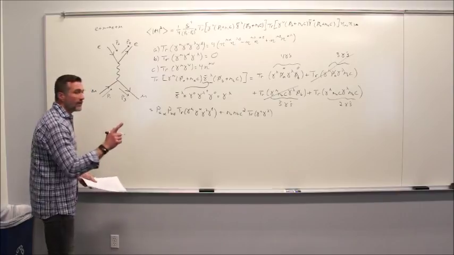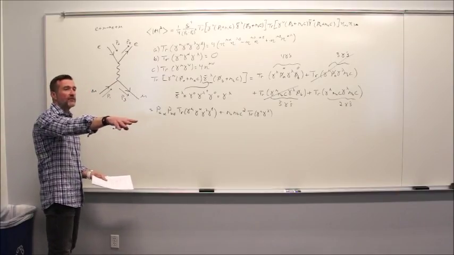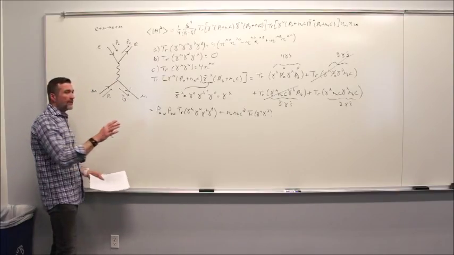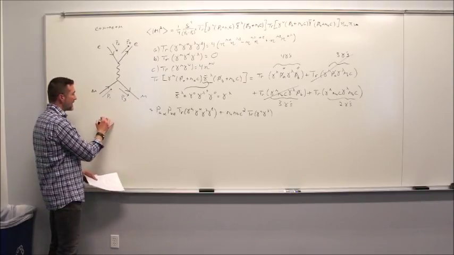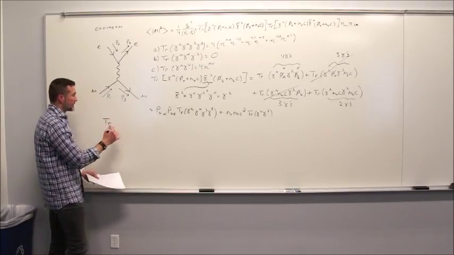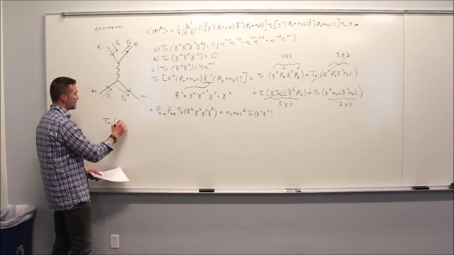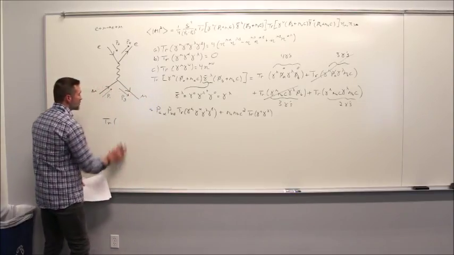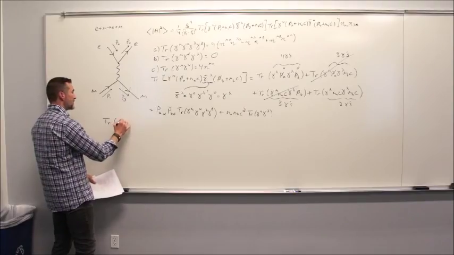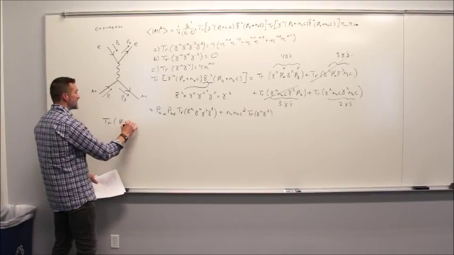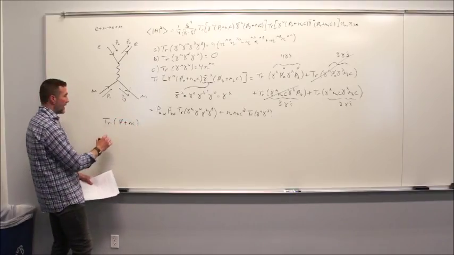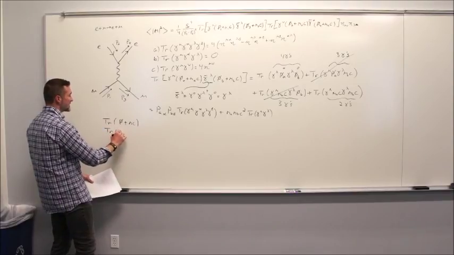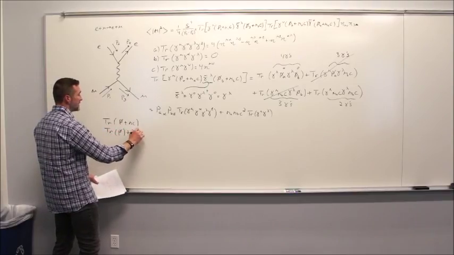We're good? Now, a place where you would have to be careful about that, and we're not going to encounter it here, but if you had an expression like this, where I had something like trace of P slash plus MC, then this would be trace of P slash plus trace of MC.